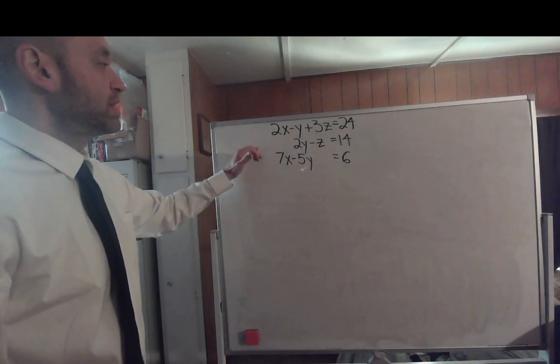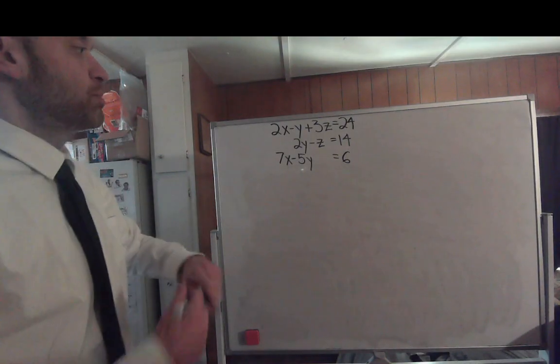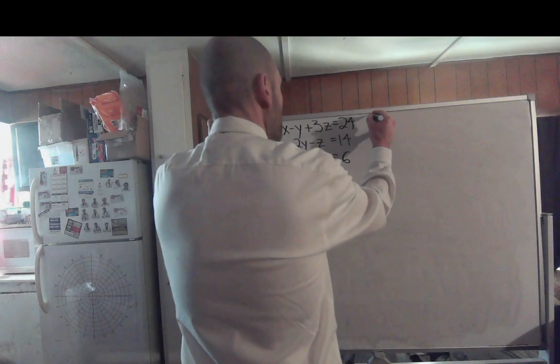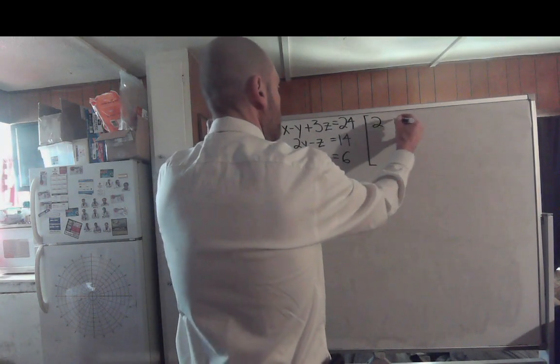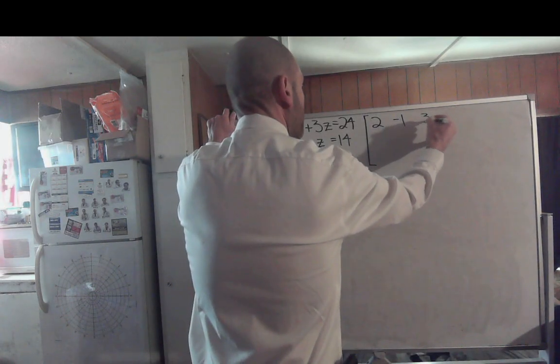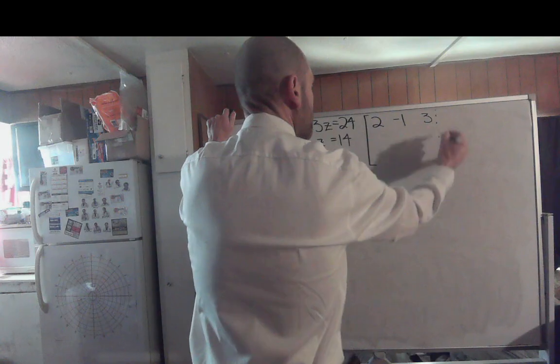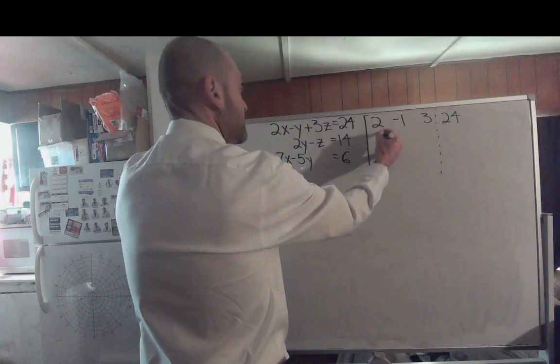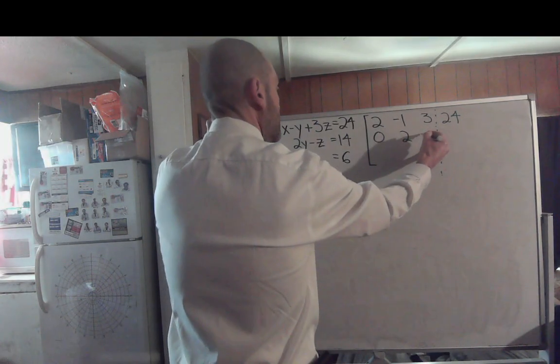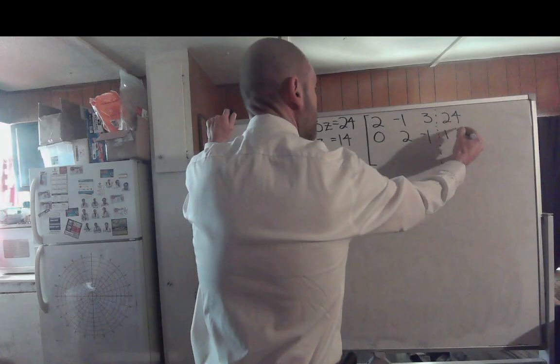Well, what I'm highly going to suggest here is that first thing, of course, we need to write this in augmented matrix form. So that would be 2, negative 1, and 3. And then, of course, 24 to the right of that dotted line. And then you'll have 0, 2, negative 1, and 14.